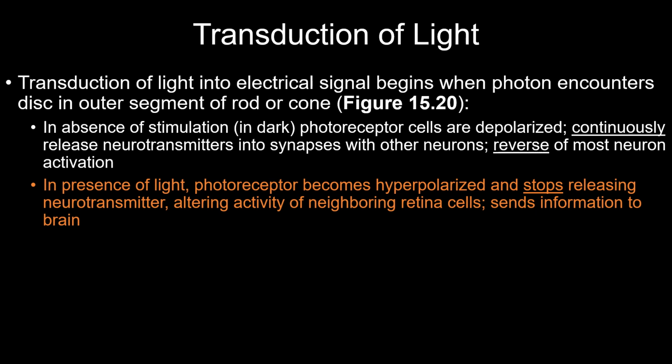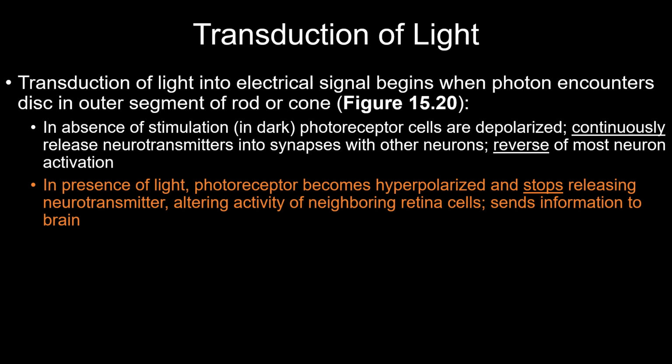So that means olfactory neurons and gustatory cells are essentially off until they're turned on by a stimulus. This is backwards in the visual system. In the dark, the absence of a stimulus, photoreceptor cells are depolarized and they're turned on. They're continuously releasing neurotransmitters into adjacent neurons.